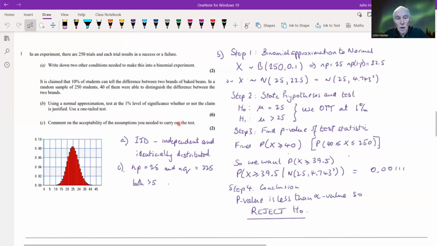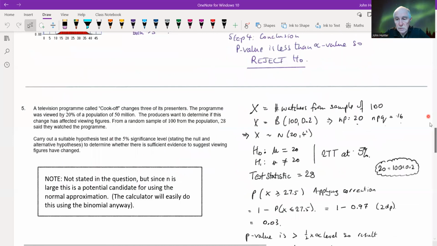The other one is, are we actually able to make this approximation? And yeah, we've got a very large value of n, and if we try multiplying these two together, np and nq, it's going to meet the criteria.